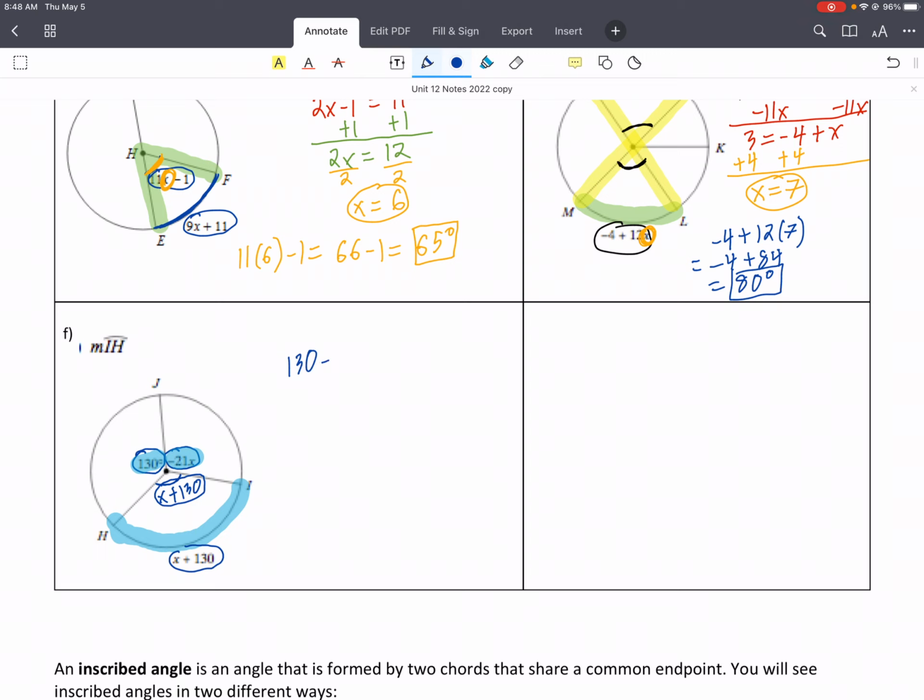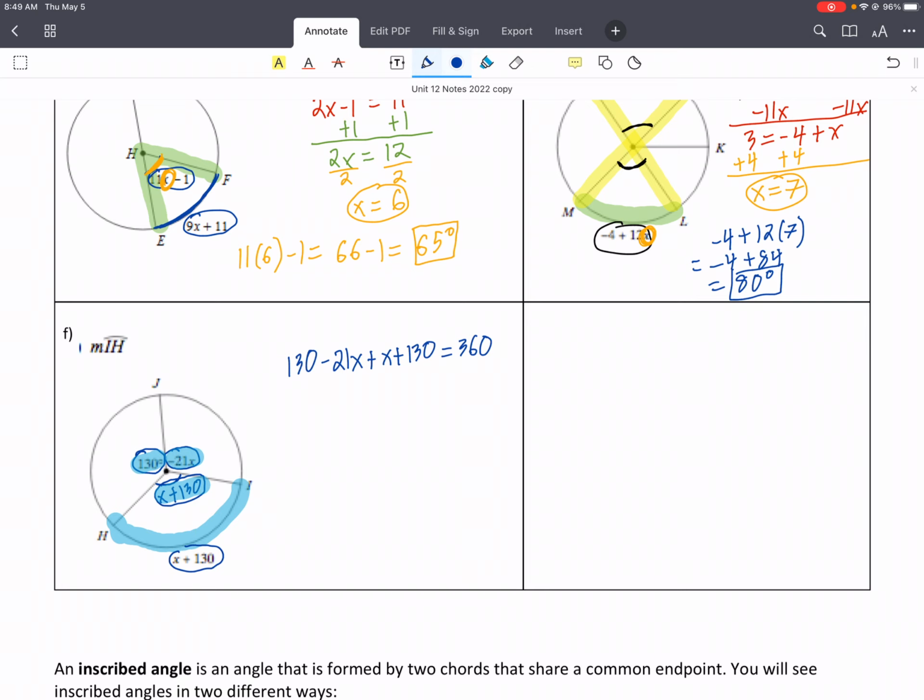So we'd be subtracting 21x, and then we'd have to add in x plus 130. And all of those would be equal to 360. Okay.